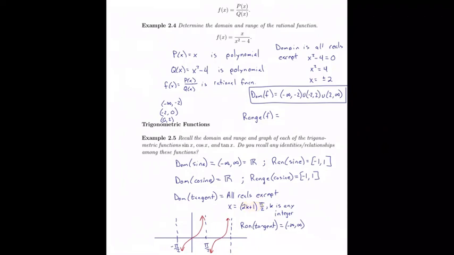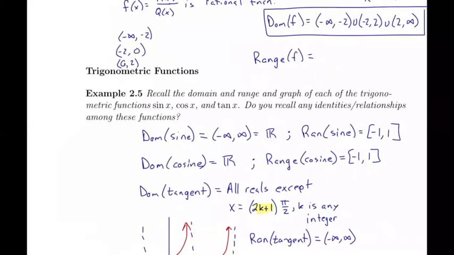There are infinitely many of those. All those odd numbers are captured by the formula 2k plus 1. Then you take any integer you like, say 2, and plug that into this. And you have 2 times 2 is 4 plus 1 is 5. 5 pi over 2 is the result.